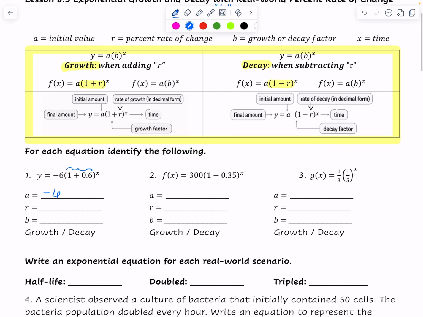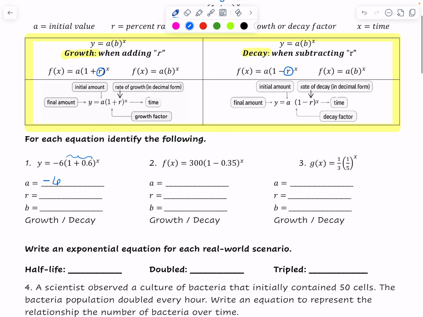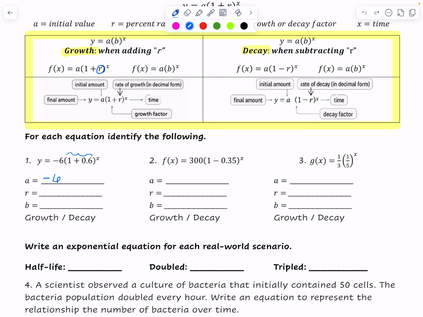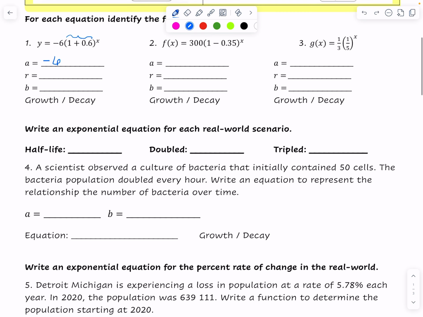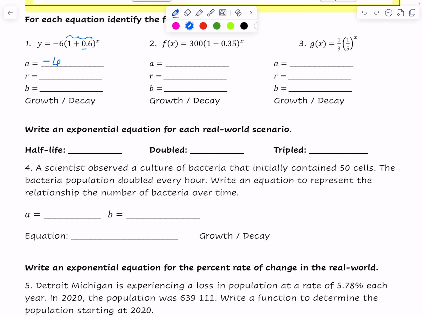What is the R value? Well, the R value is right after 1 plus or 1 minus. Okay? And again, that R value is a decimal, but it does represent a percent. So in this case, the R value is 0.6.